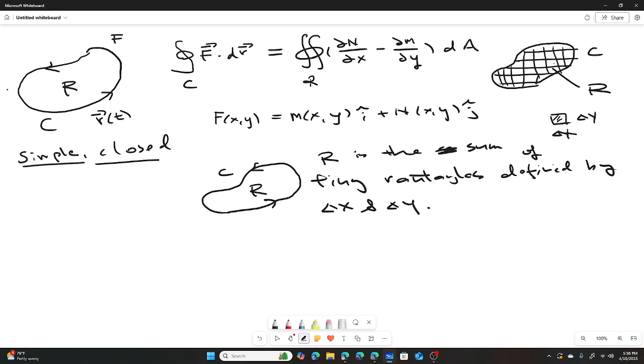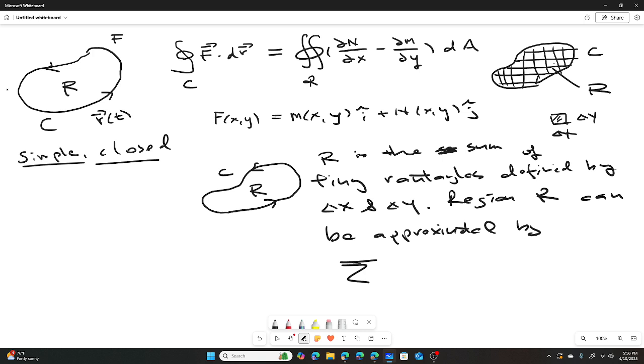So that region R can be approximated by a summation of these areas, some number times delta x delta y, right?